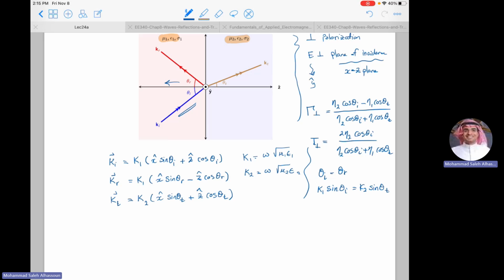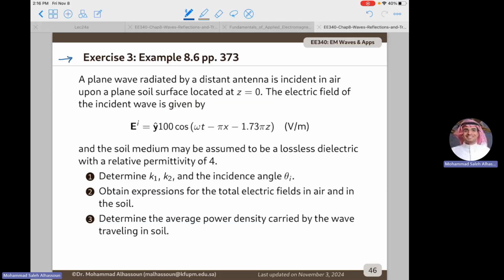We define a new quantity called the refractive index: N1 sine theta incidence equals N2 sine theta transmitted, where N1 is square root of mu relative 1 epsilon relative 1, and N2 is square root of mu relative 2 epsilon relative 2. So this is just a quick summary of what we did in the previous class.